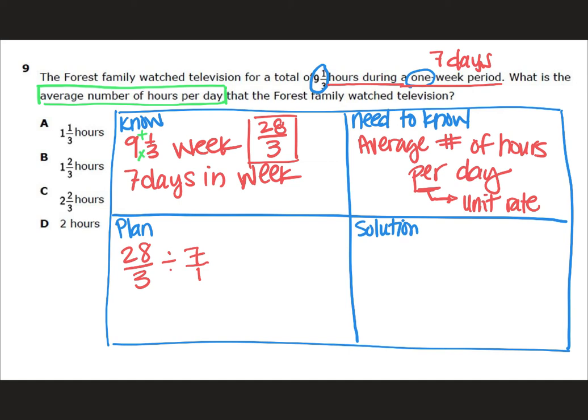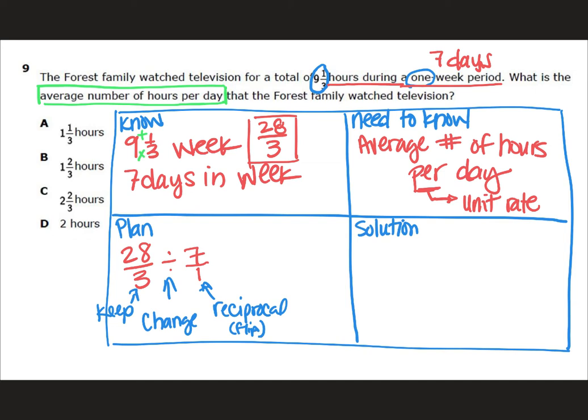All right, the other thing I need to remember is that I cannot divide fractions. So I need to keep this, change this, and then get the reciprocal, or flip, this number.